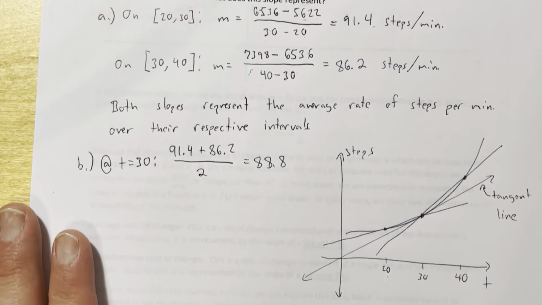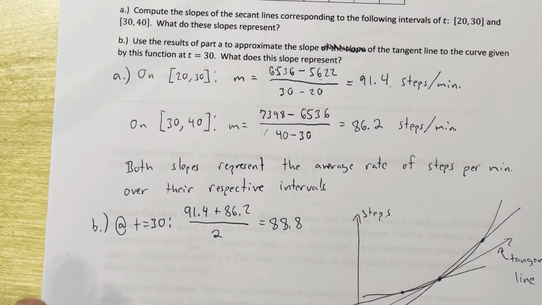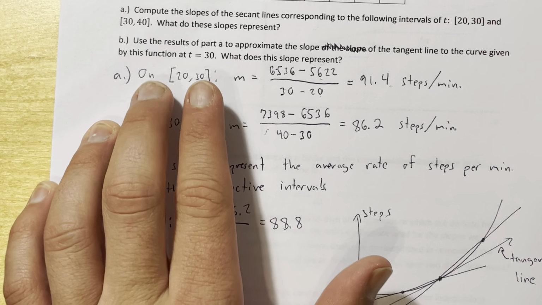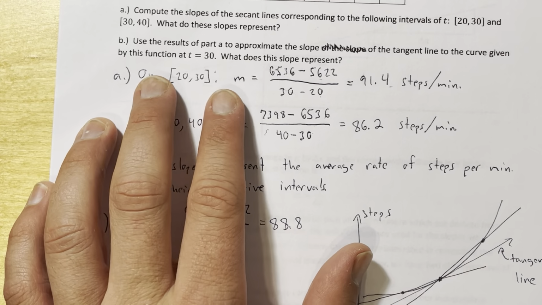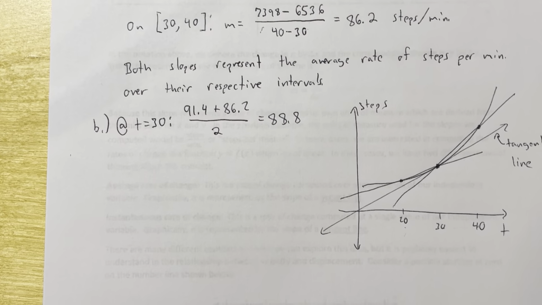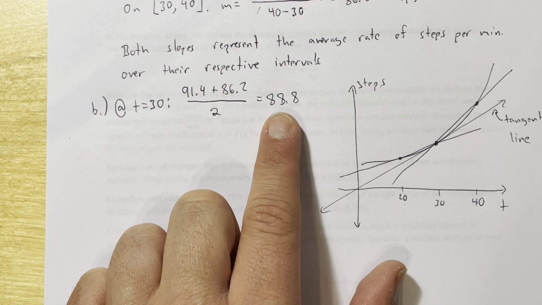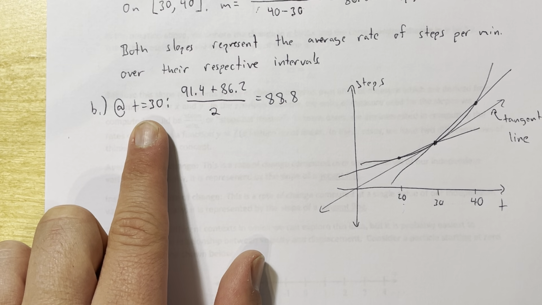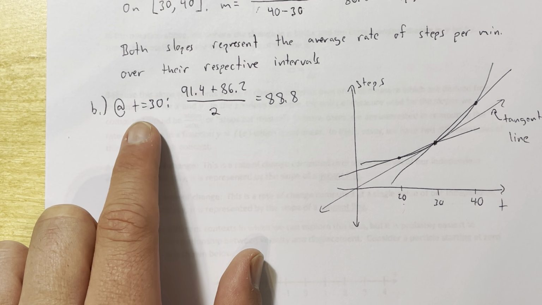It's saying, what does this slope represent? Well, now, instead of finding the slope of a line over an interval, which we said we have to think of as an average rate of change, now we're trying to approximate our rate of change at an instant in time. So what does that mean?